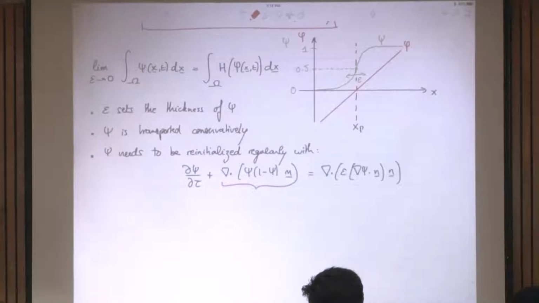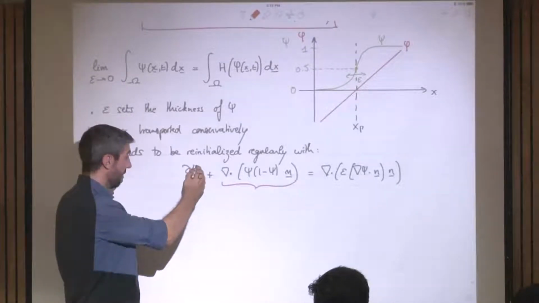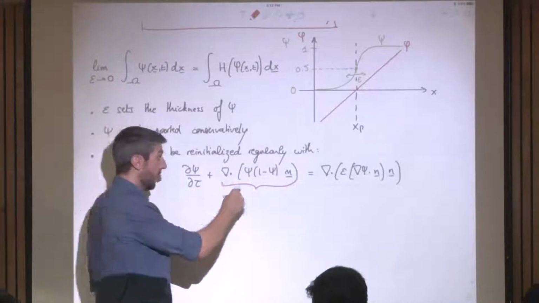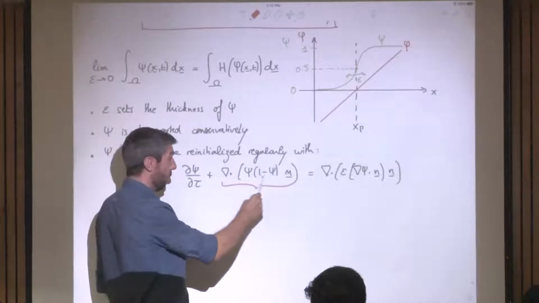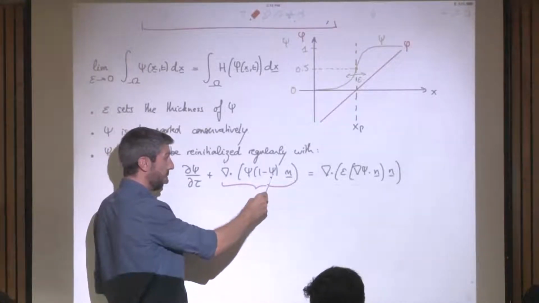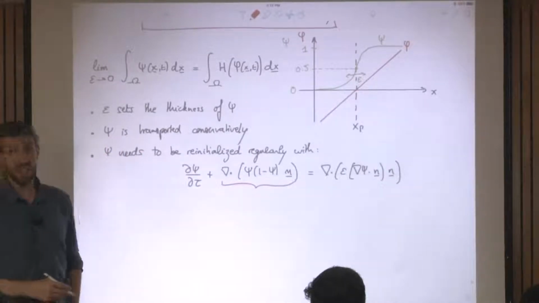Well, first of all, let's do some high-level math. High level as in from far away. Look at this. At steady state, this is 0. I get rid of my divergence operator. What I have is an equality between the normal variation of psi times 1 minus psi and the normal derivative of psi. What does that mean?